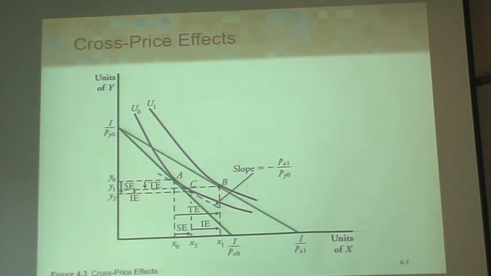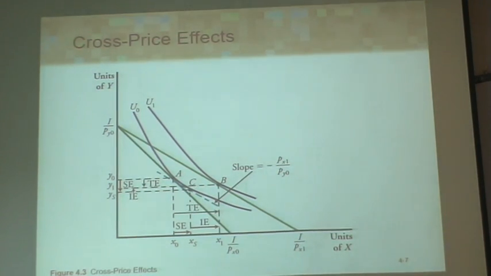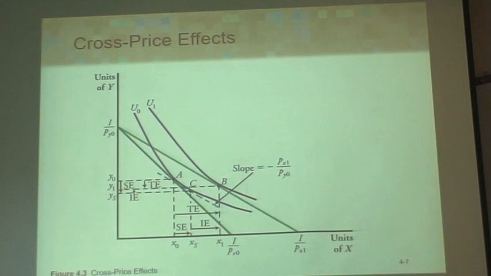So if for some good the price goes up, the other good, if it is a substitute, what would you do? You will definitely consume more and much more, right? Because A and B, these two goods, are substitutes. So when the price of A goes up, the quantity demanded for good A will go down, and then you will use the substitute. So in this case, you will consume much more of B.